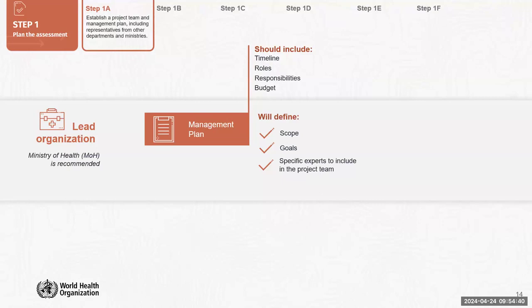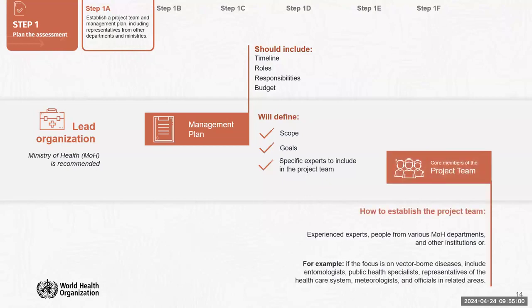So the management plan will define what the scope of this work will be, what the goals are going to be, and what experts we should involve, and it would include defining the timelines, the role, responsibility, budget.